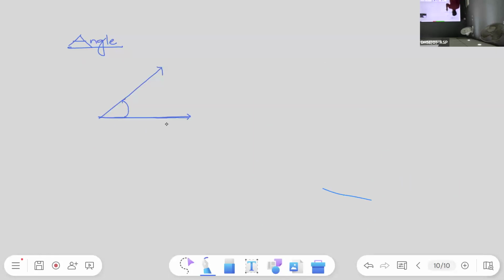This is the initial position, and this is the terminal position of the ray. Okay. Write down the sign convention for measurement of angles.